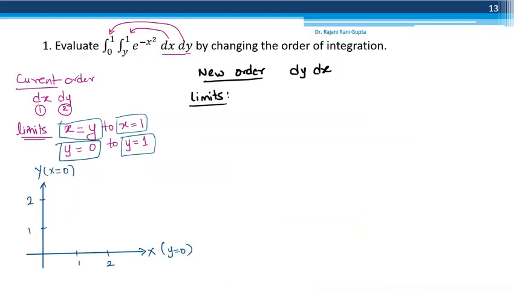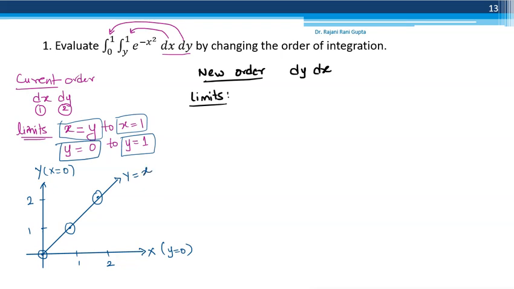So plotting these points here, 0, 0, 1, 1, and 2, 2, and joining the line through all these points, we just make a straight line. Okay, so this is y equal to x.